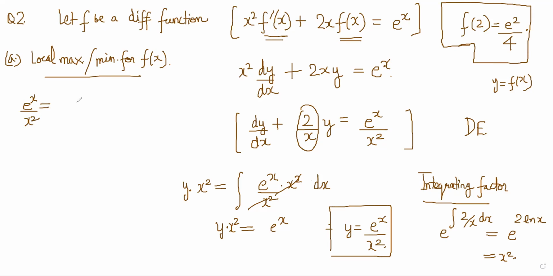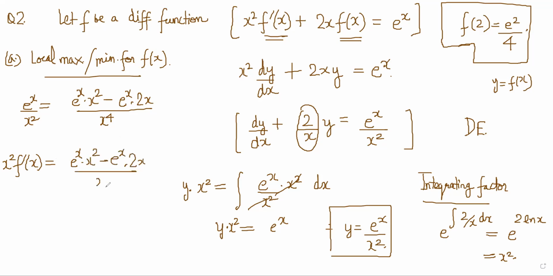So derivative will be e power x into x square minus e power x into 2x by x power 4. And if I do x square into f dash x, that becomes e power x into x square minus e power x into 2x by x square, right? Which is e power x minus e power x into 2 by x, right?